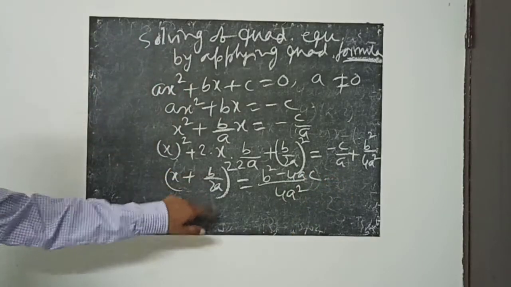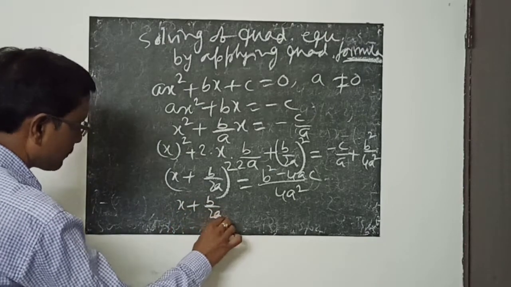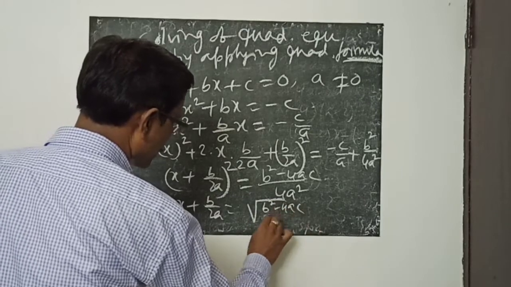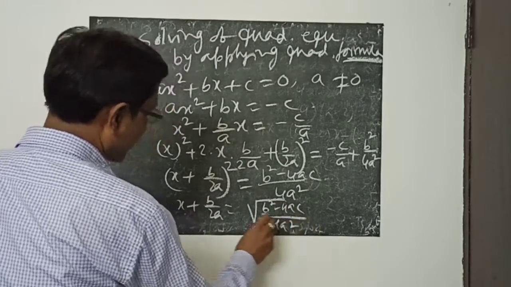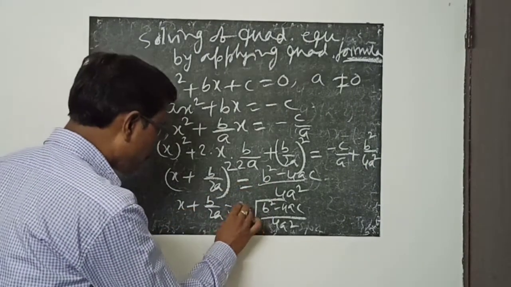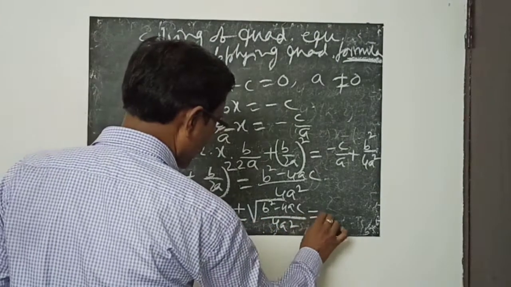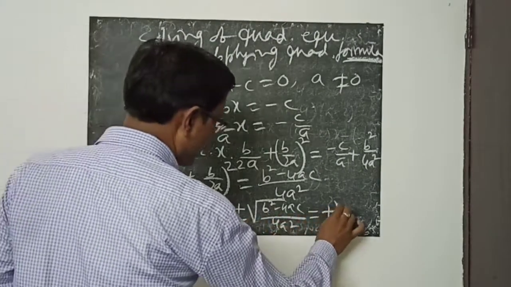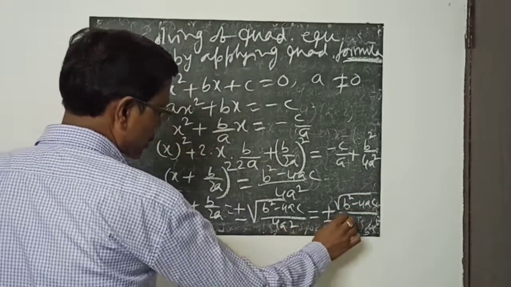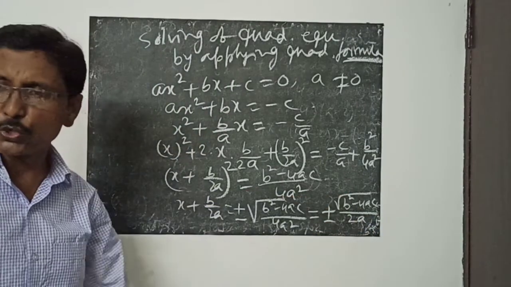So x plus b by 2a is equal to plus minus root under b square minus 4ac by 4a square, which means it will be 2a.